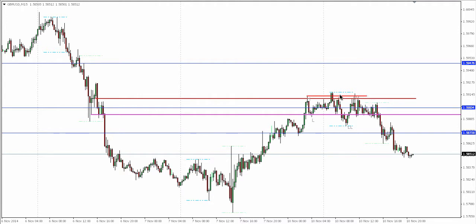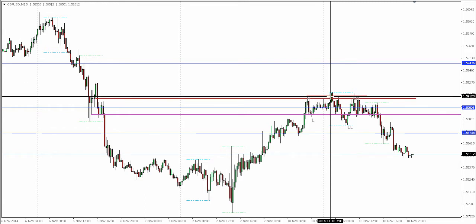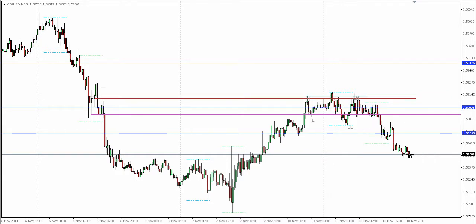You could have taken this trade with some small stops somewhere around here, perhaps a 17 to 20 pip stop for a 60 pip gain.